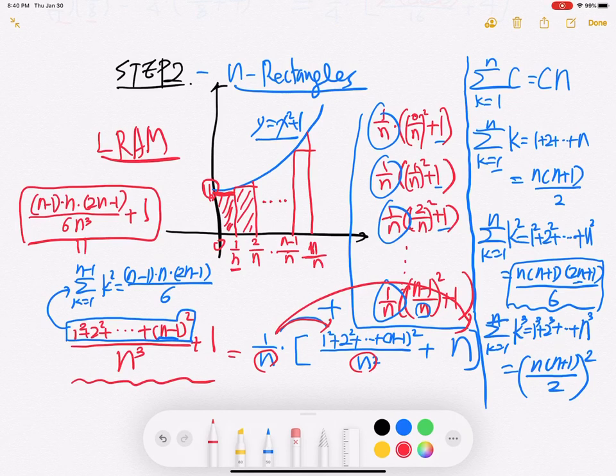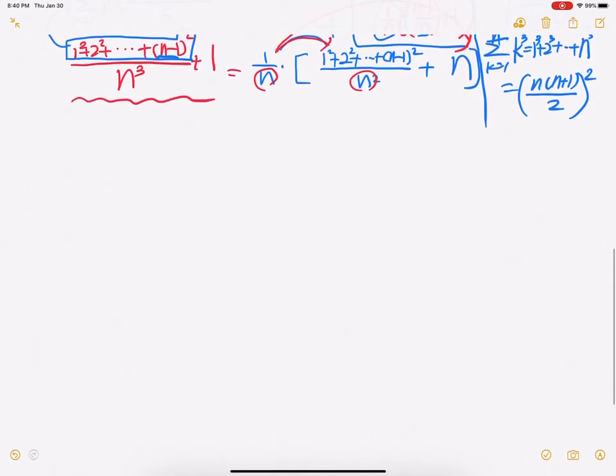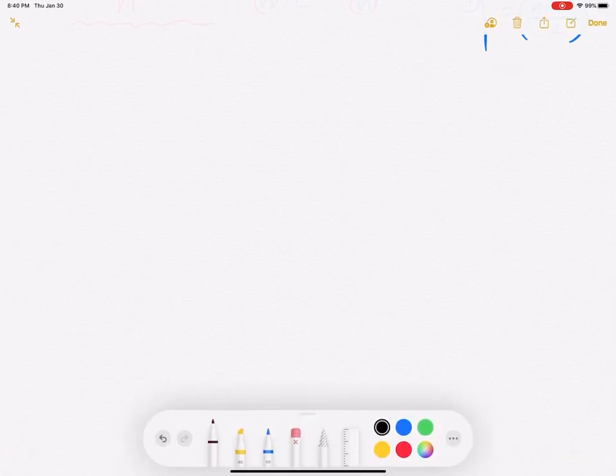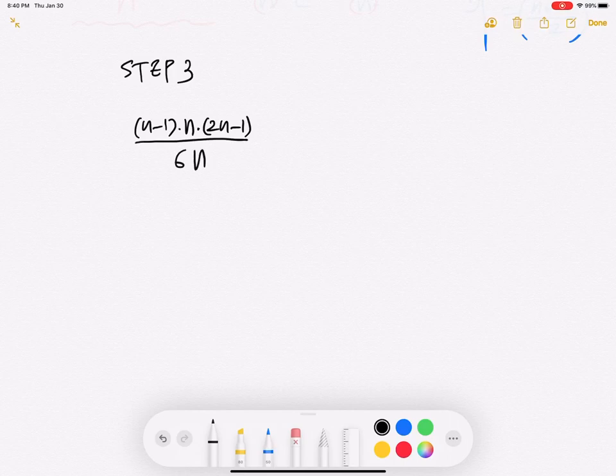Okay, let's go to step 3. We've just found the n rectangles area, which was n minus 1, n, 2n minus 1 all over 6n cubed plus 1.